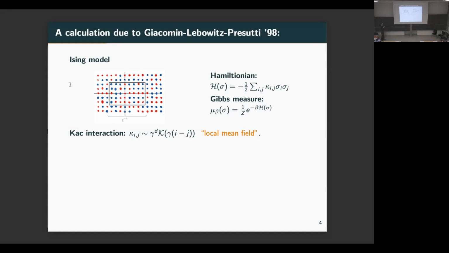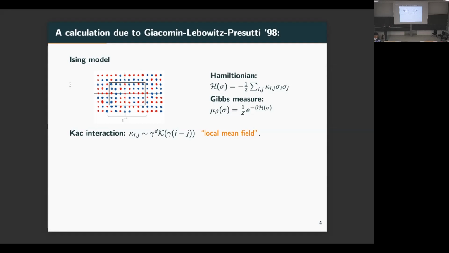The specific situation that we're going to look at is the case of Kac interaction, which means that this kappa parameter, kappa_ij, has a parameter gamma, and it has this form. This curly kappa you should think of as a smooth indicator function of a ball if you want. And then we rescale it so that the particle at the origin sees all the particles at distance gamma inverse.